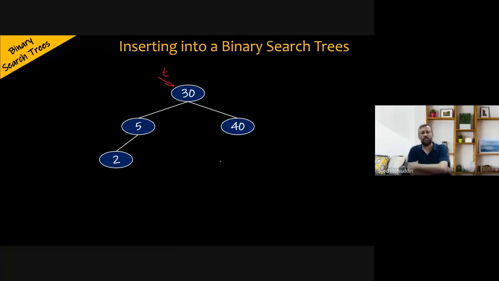Suppose if there are some elements and we are trying to insert element 80. So what we do is we start from the root node, that is, in this case it's node 30. Check whether the element which we are inserting, that is element 80, is equal to that node or not. If it is equal, that means we cannot insert that node. Why?